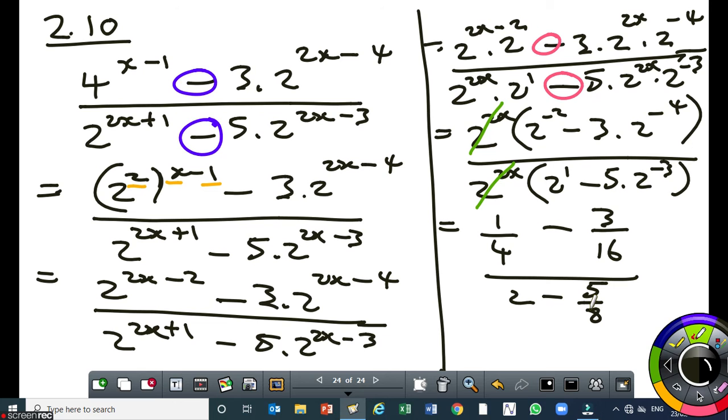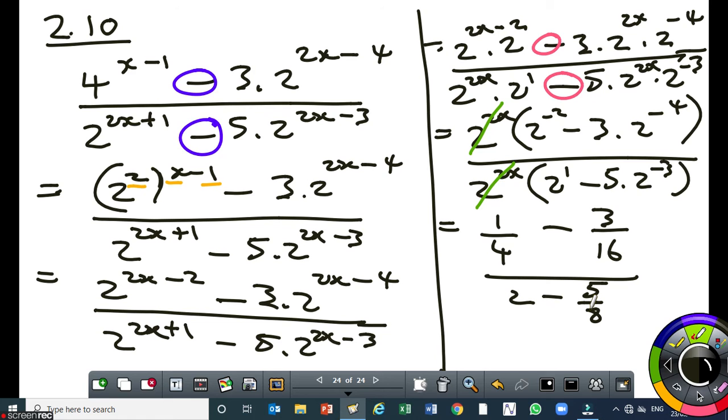Then we need to simplify that. Now, simplifying where I am now, it's no longer grade 10. It's grade 8 and 9 knowledge of fractions. So 1 over 4, which is a quarter, minus 3 over 16. They have a common denominator, which is 16.